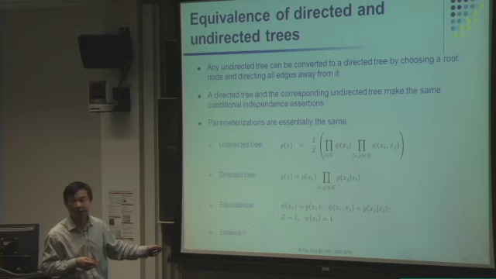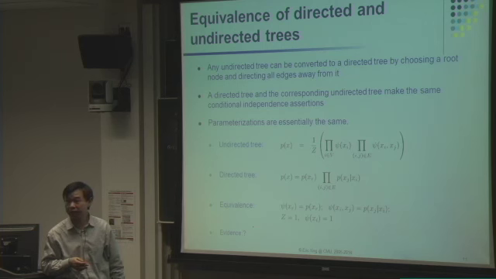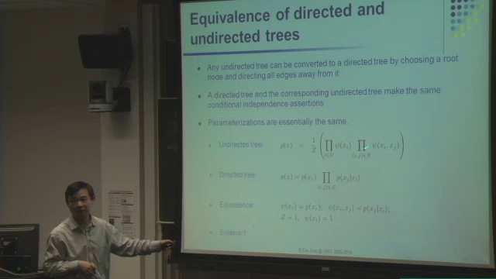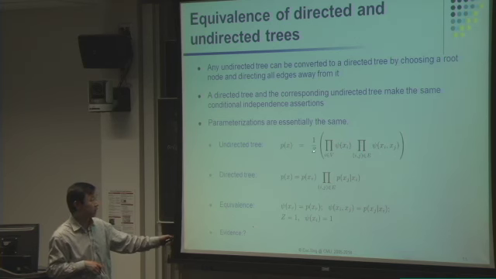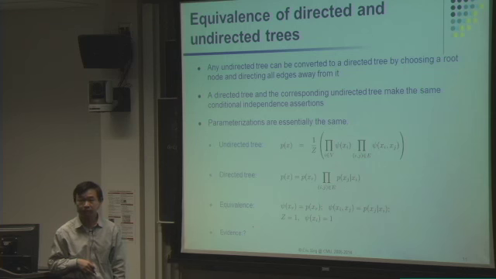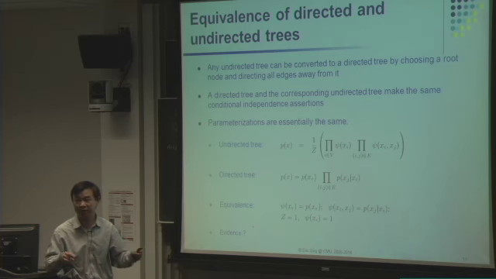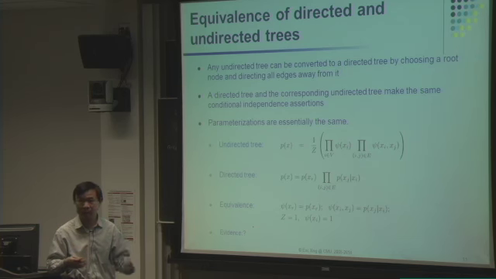Because it is undirected, it is a Markov random field, therefore the joint is defined by a product of potentials, edge potentials and nodal potentials, up to a normalization constant. And by the way, here we only have edge and node potentials. There are no other clique potentials because in the tree, the biggest clique is the edge clique.